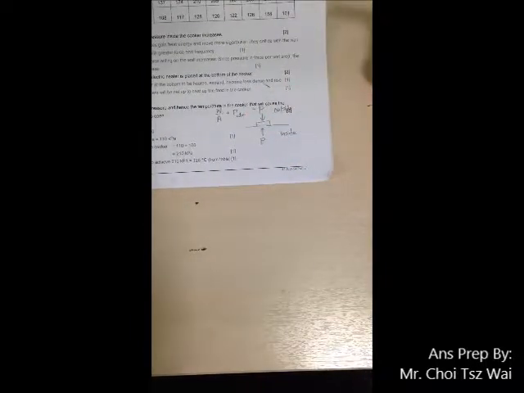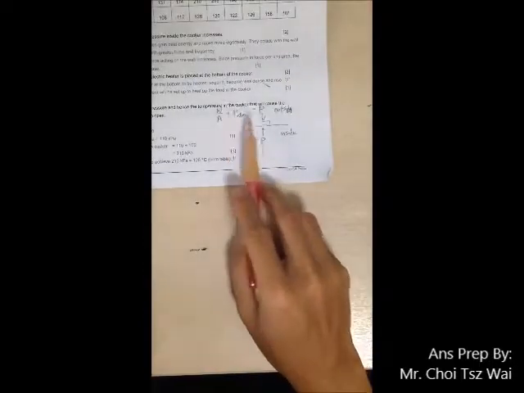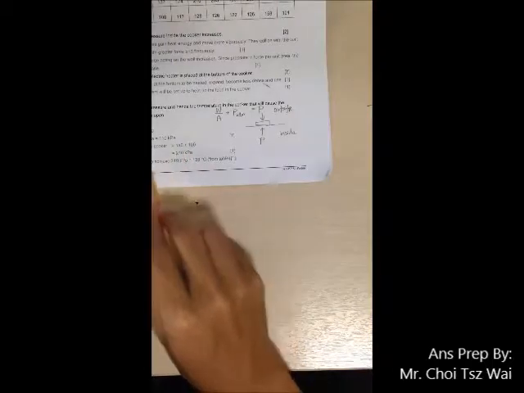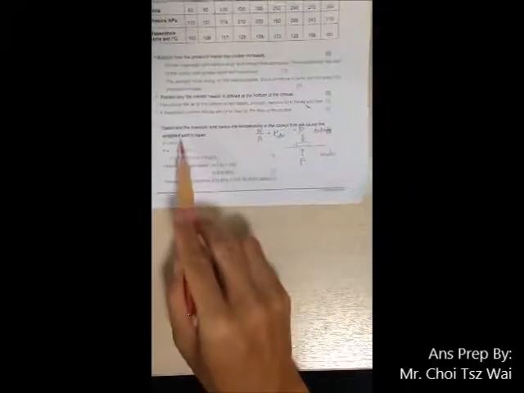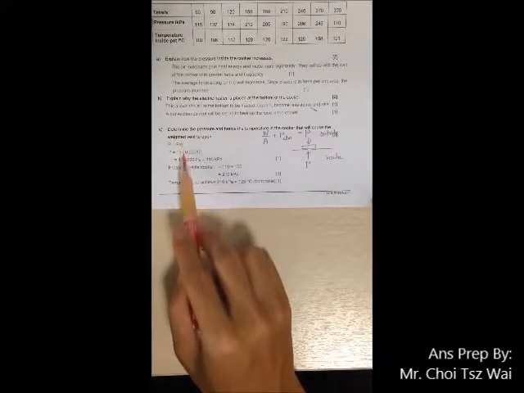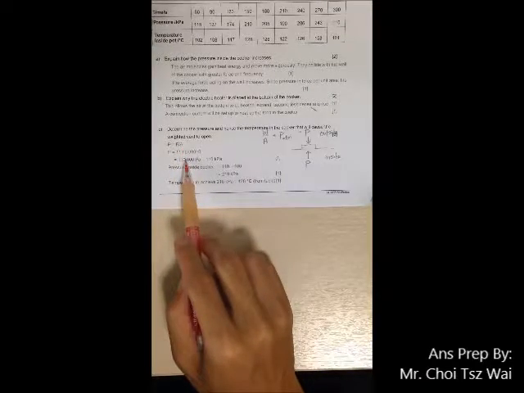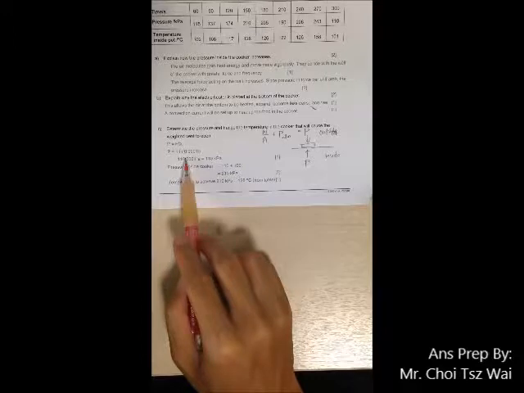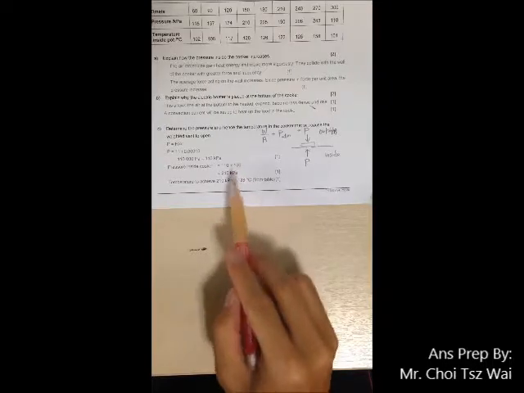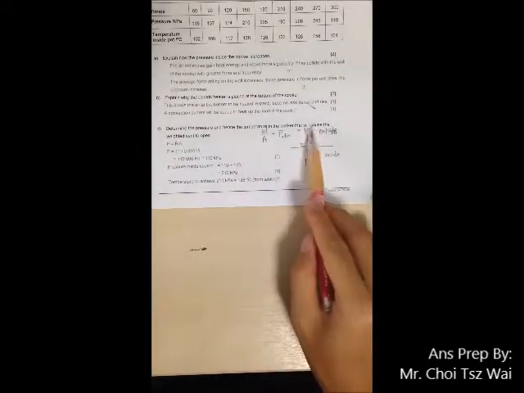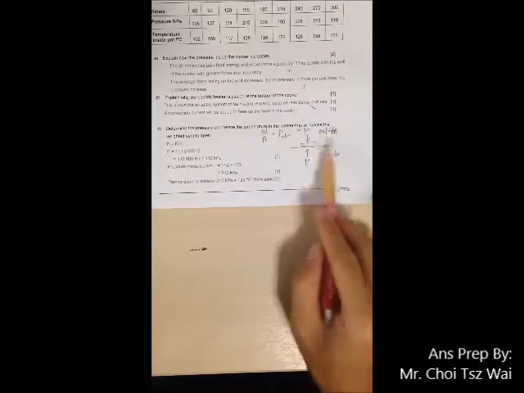So when you want to calculate the pressure outside, please remember you have to take into account P equals F over A, which is the pressure from the weight of the valve. You need to add in the atmospheric pressure, and if you sum these two up, you will get the total pressure on the outside.